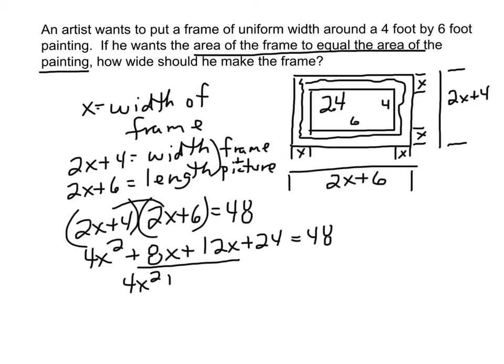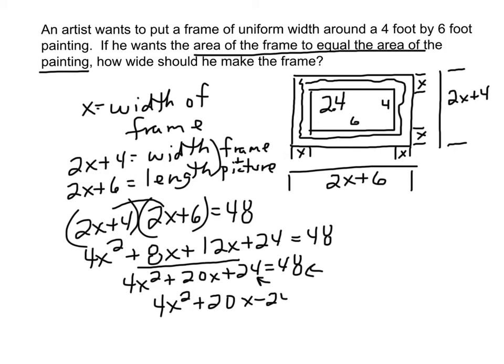So I have 4x squared plus 20x plus 24 is equal to 48, and now I want to set one side equal to 0, so I'm going to subtract 48 from this side right here, and also subtract 48 from here. So now I have 4x squared plus 20x subtract 24 is equal to 0.